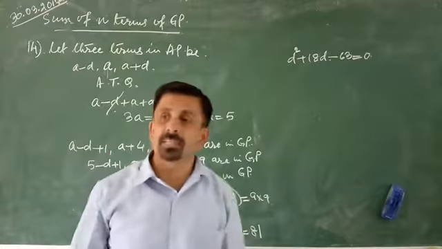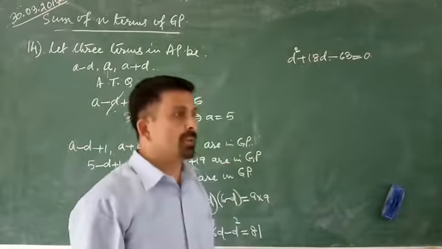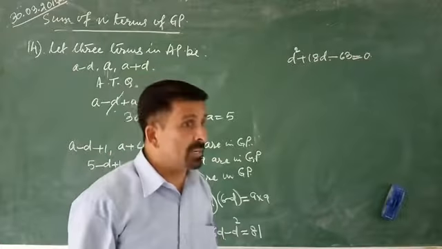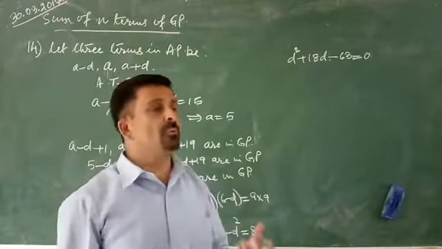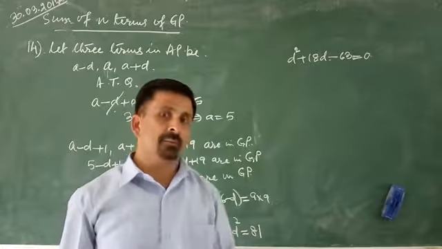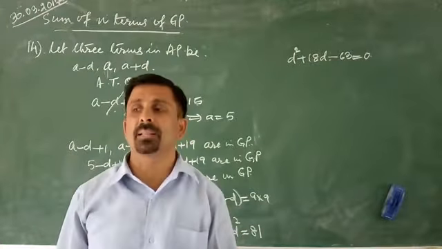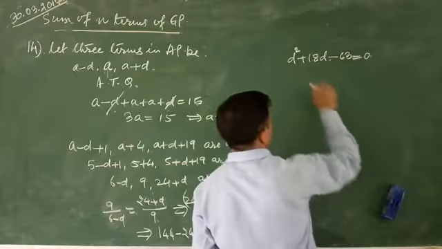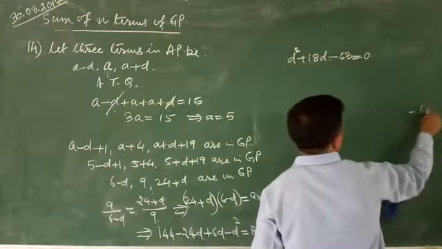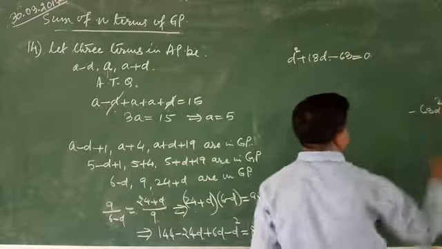What type of equation is this? Quadratic. And how many terms are there? Trinomial. This is a trinomial. How do we factorize? By expanding the middle term. So the product of the first and the last term is minus 63d square. Am I right?